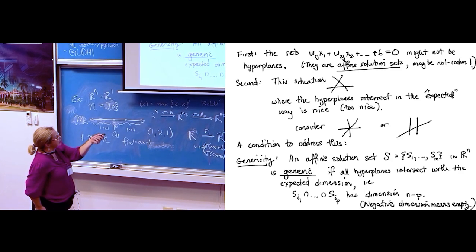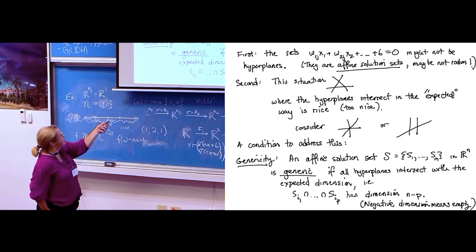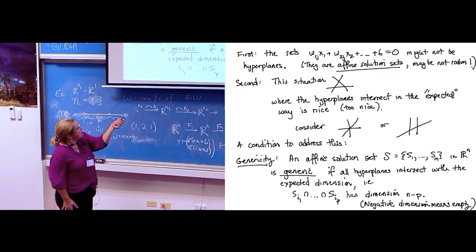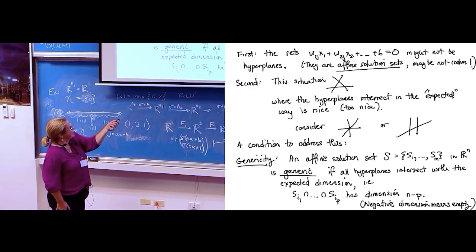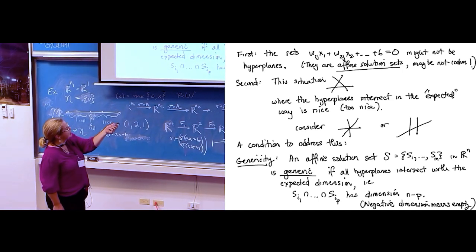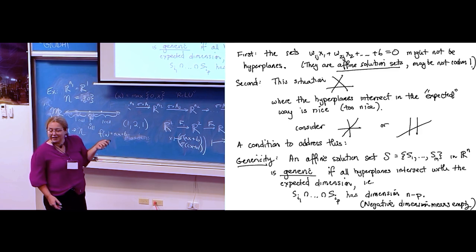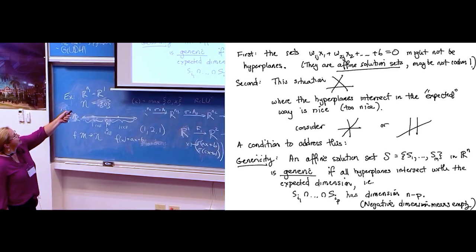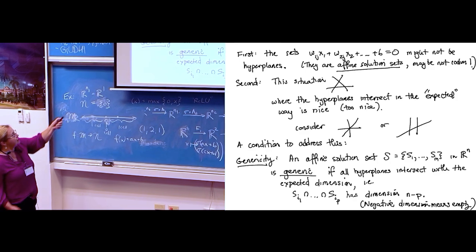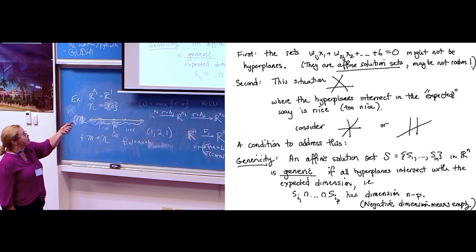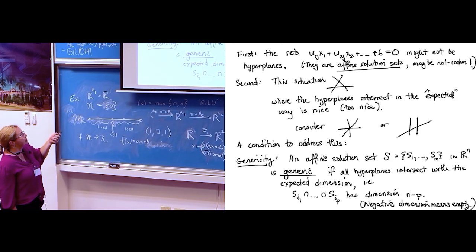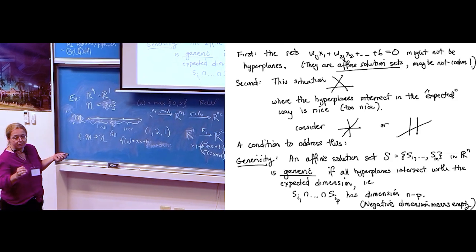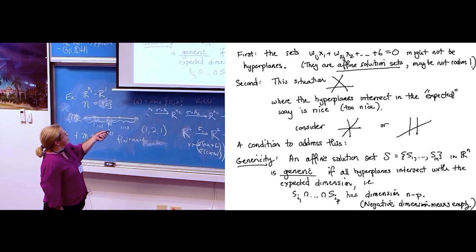So a bunch of these sets, affine solution sets in R^n, are generic if they intersect in the way, with the dimension, that you expect them to intersect. In this picture, if I pick any subset of my 3 hyperplanes, they intersect with the appropriate dimension. 2 of them intersect in a point, 3 of them intersect in the empty set. So that's what this says.